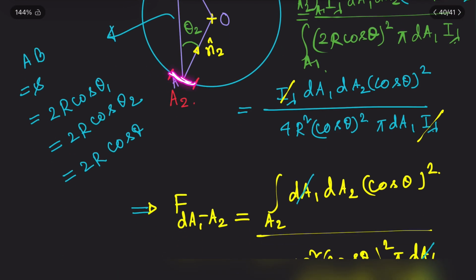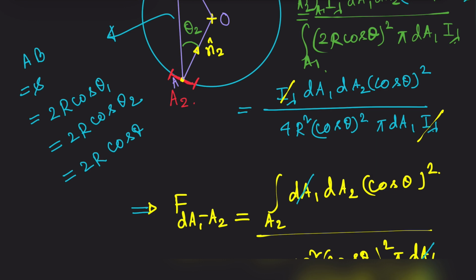This area A2 is fixed when I am integrating over it. I am integrating like maybe I can consider some strips like this, but this area A2 is fixed, and the moment I say that the area A2 is fixed, that means this normal as well as this theta 2 is also fixed. Theta 1 and theta 2 is fixed.